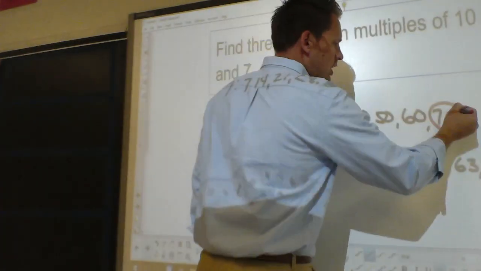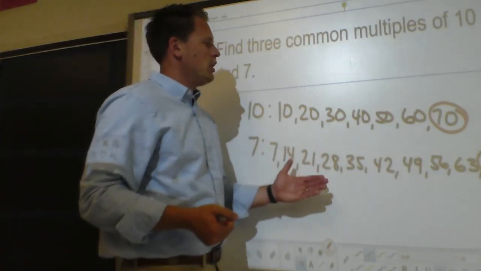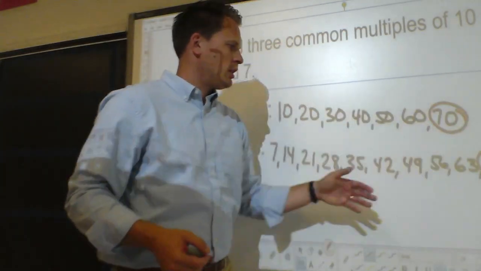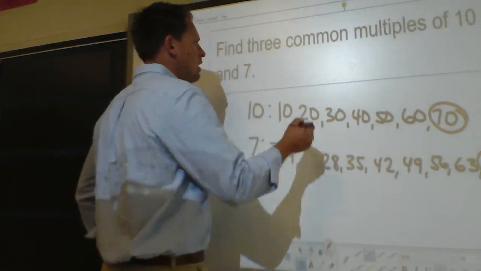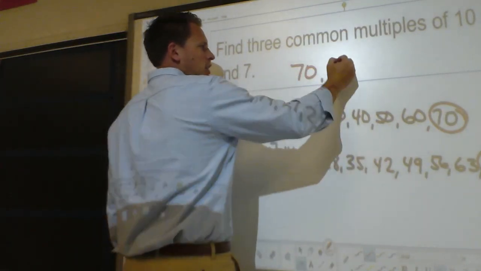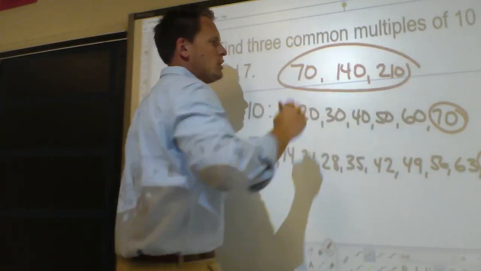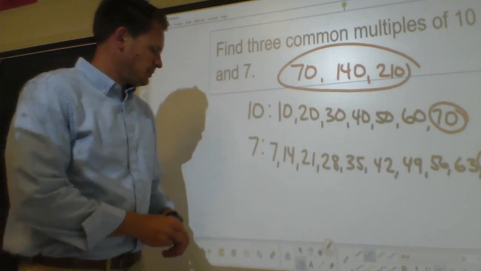So we've done a lot of work. We've only found 1 common multiple. I need to find 2 more. Do I need to keep counting by 10s and keep counting by 7s? No, all I need to do is count by 70s now. 70, 140, 210. Those are 3 common multiples.